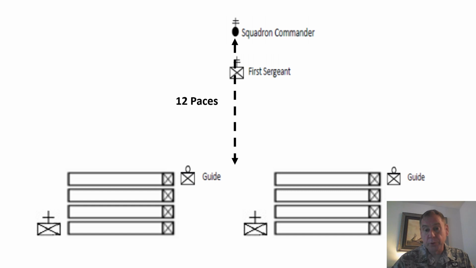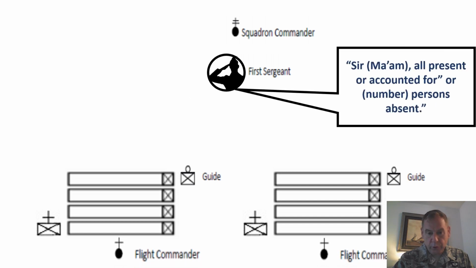The squadron commander positions him or herself 12 paces from the front rank or element of the flights, and that, of course, will be about 3 paces from the first sergeant. The first sergeant salutes. At the point that the first sergeant salutes, the flight commanders will step into position. Then the first sergeant will say, sir, ma'am, all present or accounted for, or sir or ma'am, 3 persons absent.